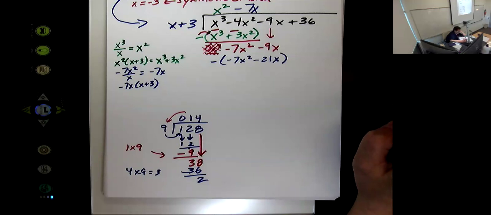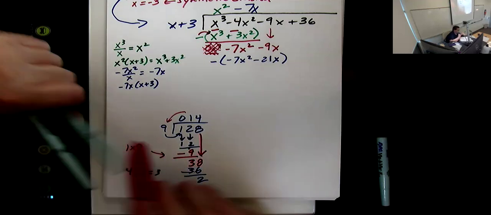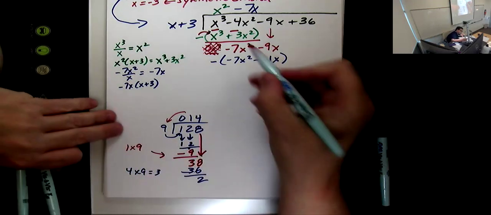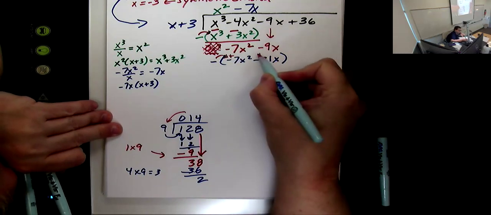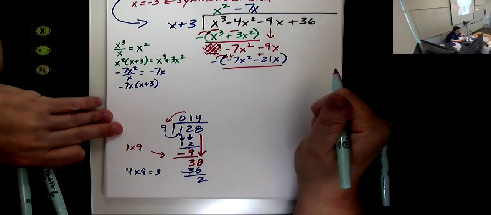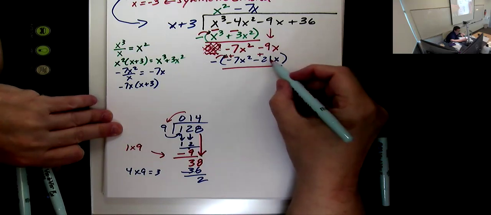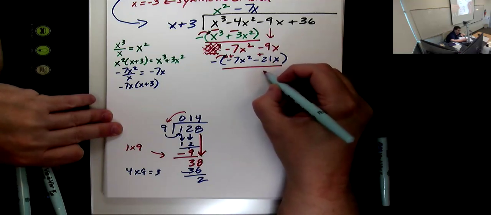I strongly recommend, if you do the long division, putting it in parentheses, that way you remember to distribute the negative. When you distribute the negative, that becomes a positive, that becomes a positive. -9 plus 21 is positive 12.